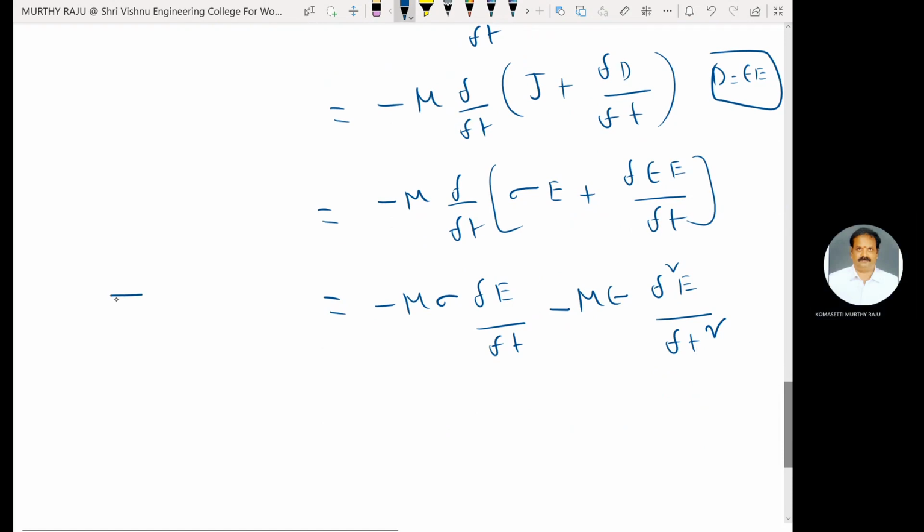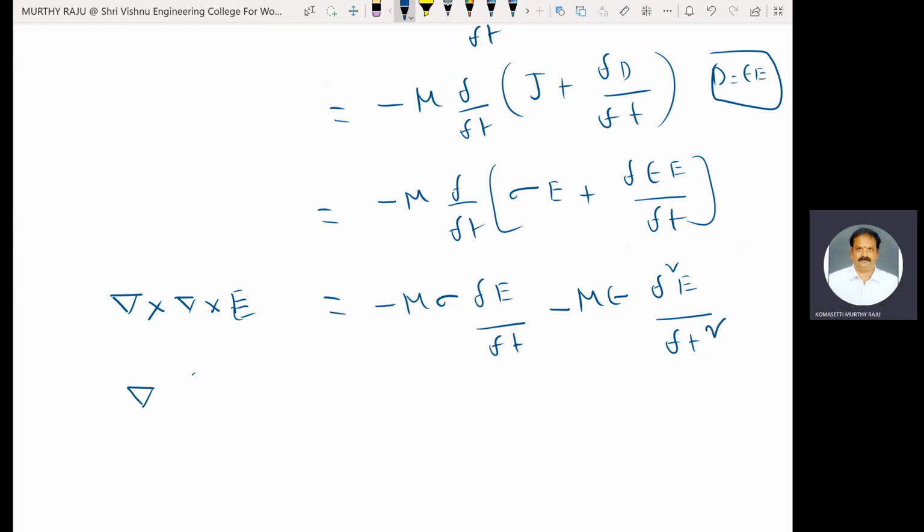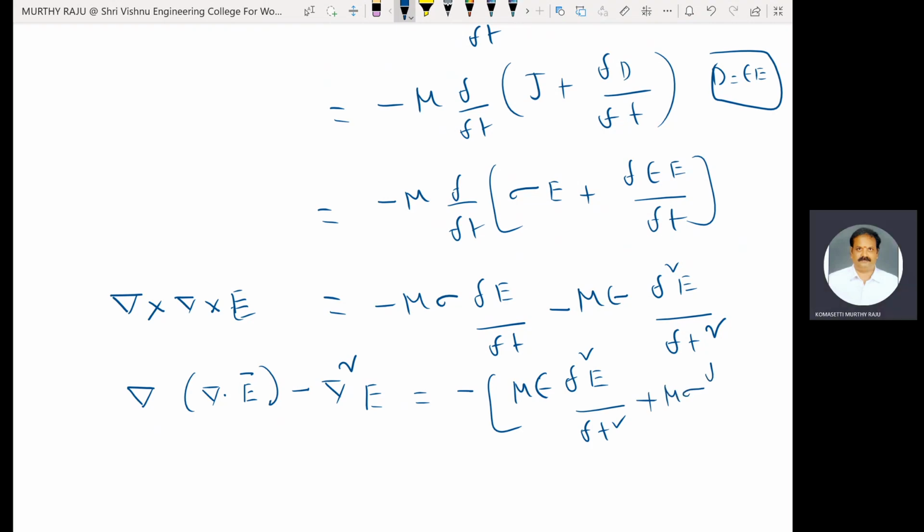This one is del cross del cross E. This can be written as del into del dot E minus del square E, which is equal to minus of mu epsilon dou square E by dou t square plus mu sigma dou E by dou t.